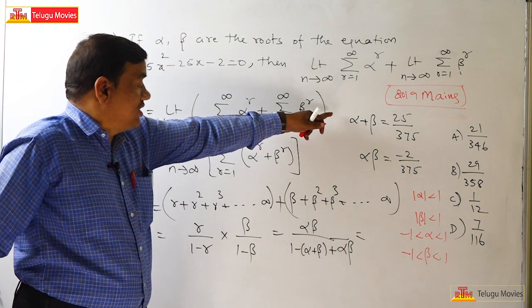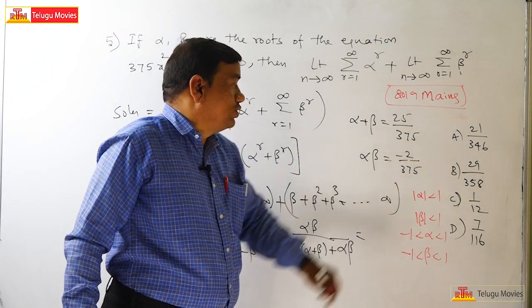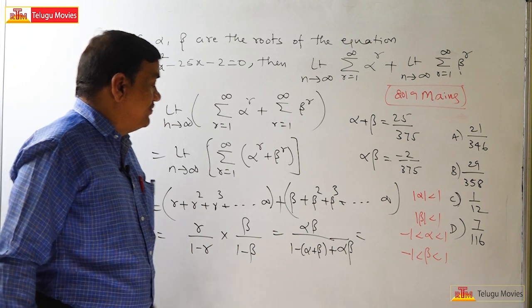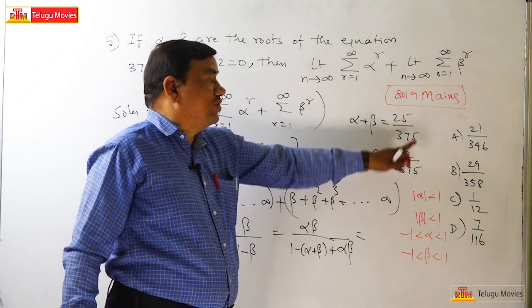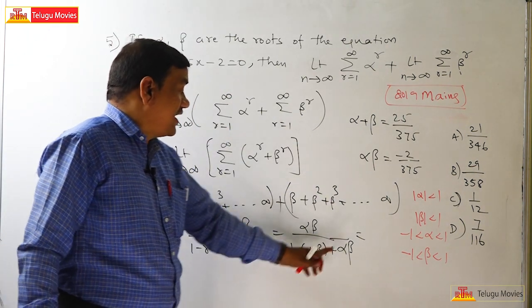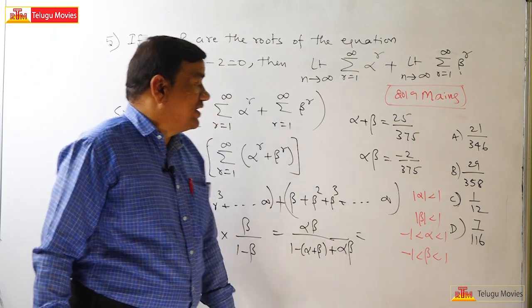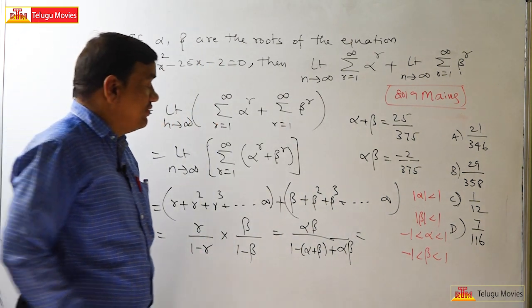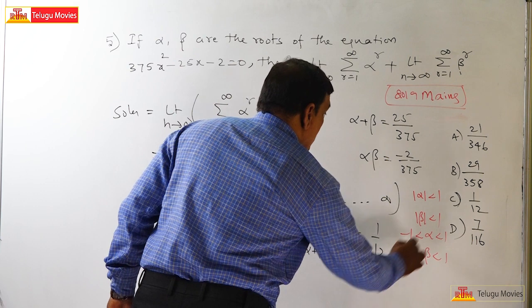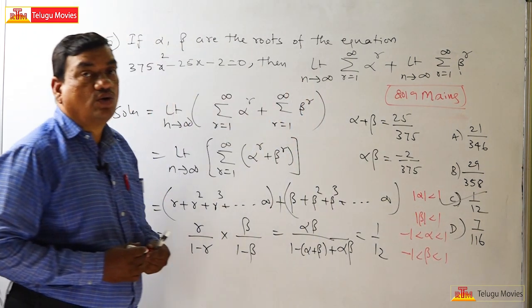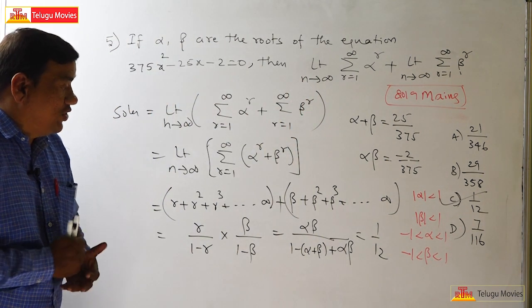Now substitute alpha into beta as minus 2 by 375, alpha plus beta as 25 by 375. After simplification, you will get the answer 1 by 12.